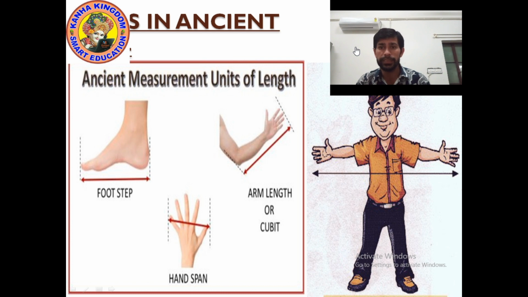So these units were used in ancient times: foot span, hand span, cubit, fathom. There are many other units, like gilli danda and angul, that they also used in ancient times. But different people have different sizes of hand, leg, and finger.